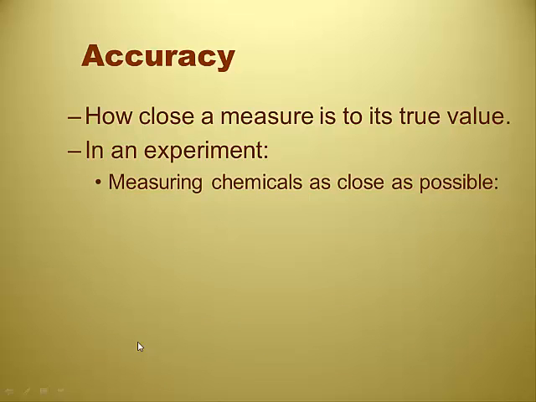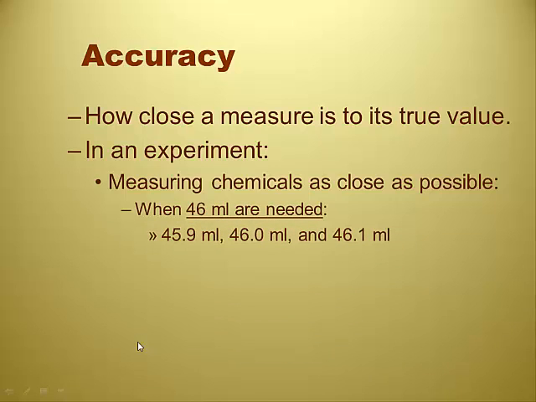If you have an experiment where you want to measure your chemicals as close as possible to being accurate, say you need 46 milliliters, and you measure 45.9, 46, and 46.1 milliliters, that's what we call accuracy, because you're getting close to what you want, the 46.